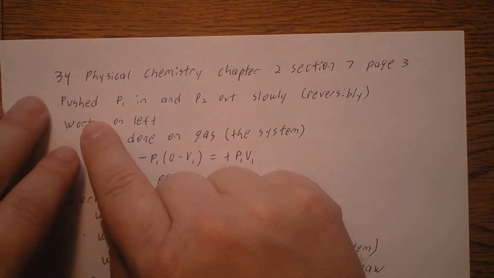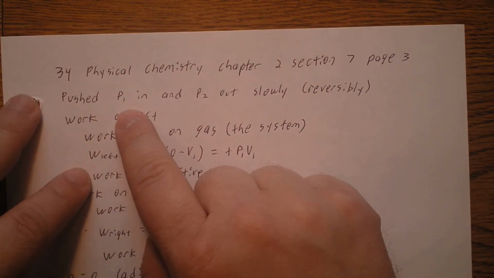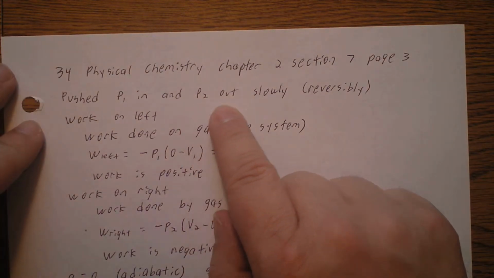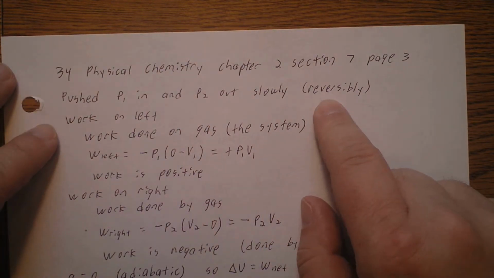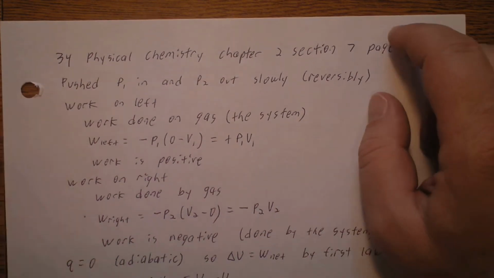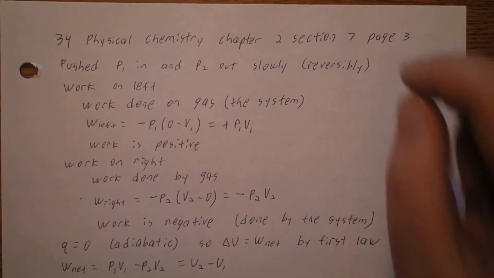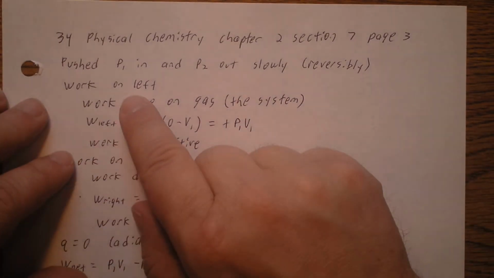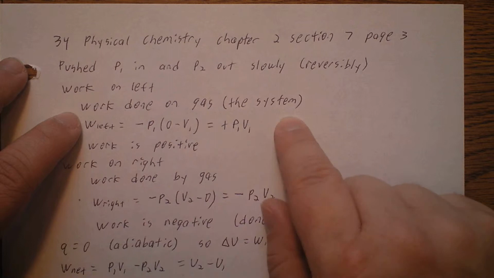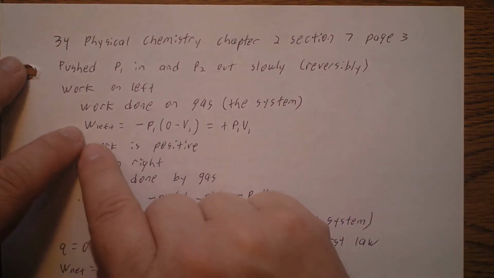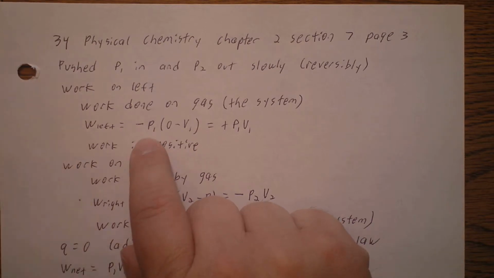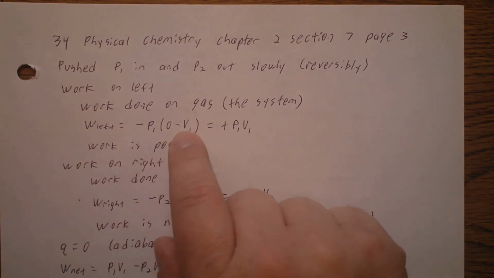So what they did was they pushed in piston 1 on the left, and then that forced piston 2 out slowly. They did it really, really slowly, trying to do it reversibly. We want a reversible process because that's the kind we're qualified to do math on. So remember, we're talking about the work on the left, which is the work done on the gas, our system. So the work on the left, remember, at roughly constant pressure, is minus PdV.